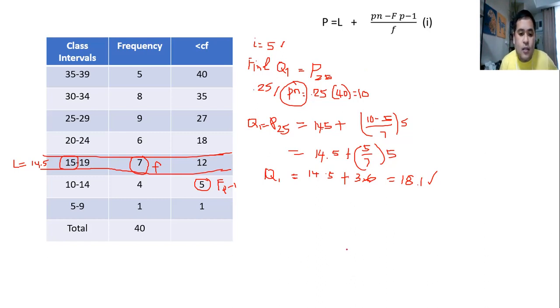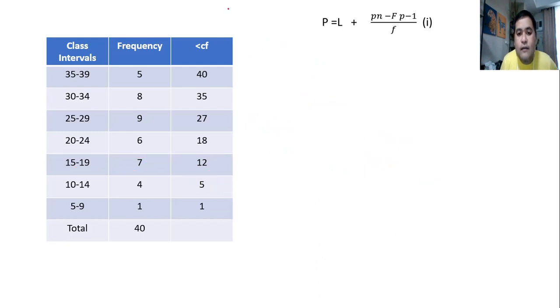So the same given. Let us find Q3. Q3 is equivalent to P75.